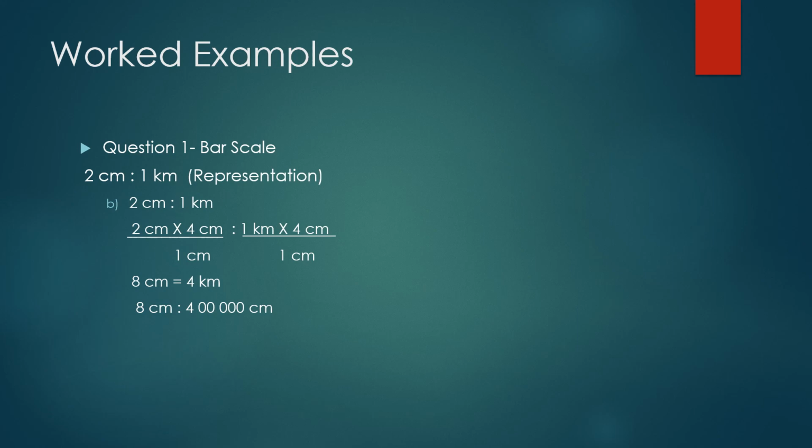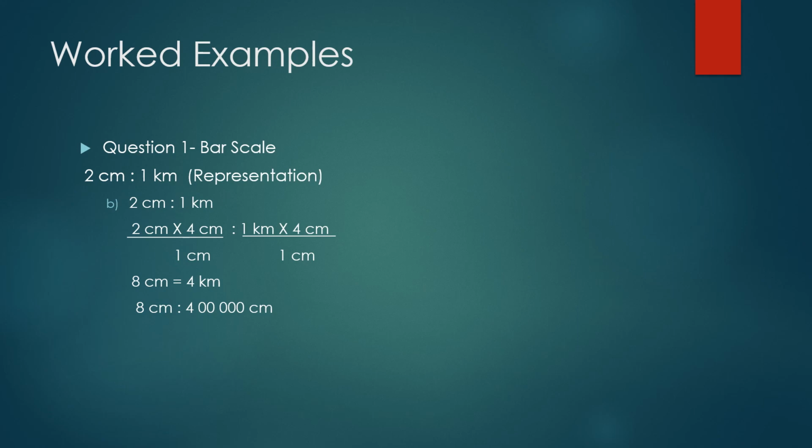We do the same thing on the second question, on the line of 8 centimeters. From the representation, what must we multiply 2 with so that we get 8 centimeters? We must multiply 2 with 4 centimeters and divide both sides by 1 centimeter. On the right hand side, we multiply by 4 centimeters and divide by 1. So 8 centimeters will represent 4 kilometers in the real world.